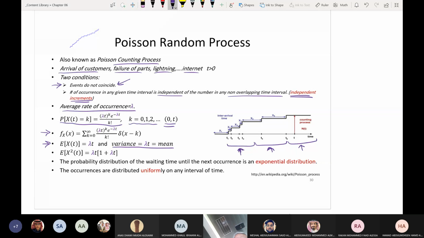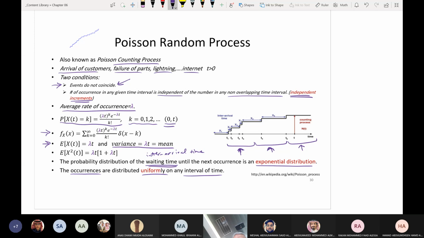As I mentioned, the probability distribution of the waiting time, which is the inter-arrival time, is exponentially distributed. And the occurrences are distributed uniformly over any time.